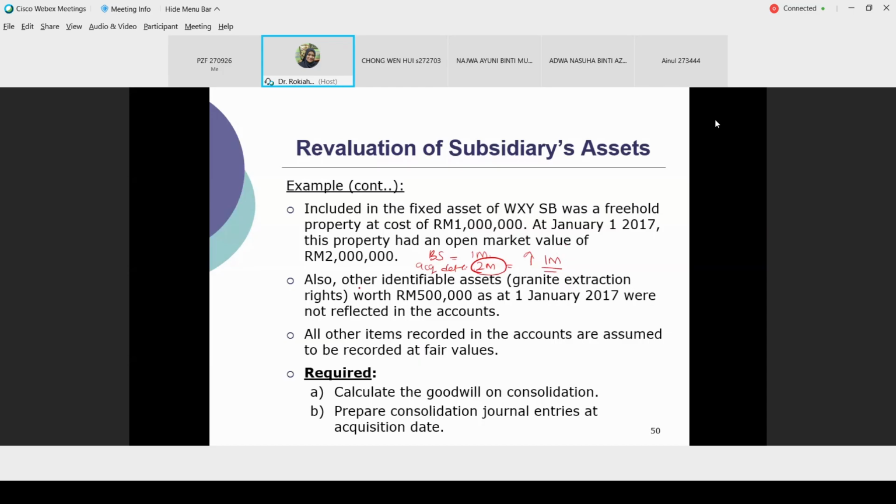Also, another identifiable asset, a granite extraction right, worth 500 as at 1st of January, is not reflected in the account. This granite extraction right is an intangible asset that is not yet recognized in XY's financial position.